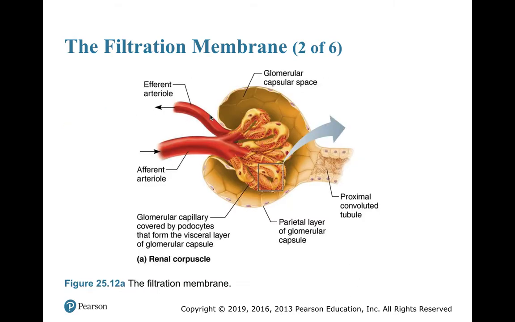So here we have the arterioles coming in. They're surrounded by these podocytes, and fluid without proteins in it can make its way into this capsule and then into the proximal convoluted tubule. So this is where filtrate is formed.